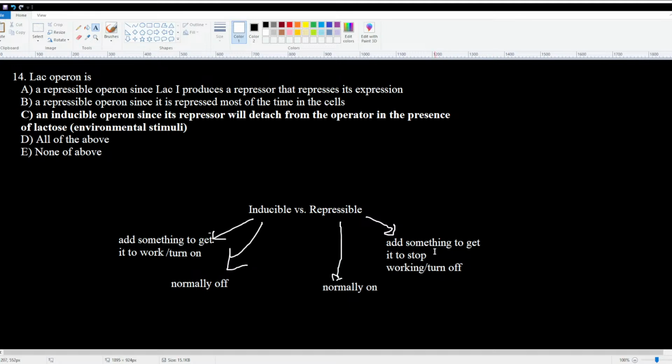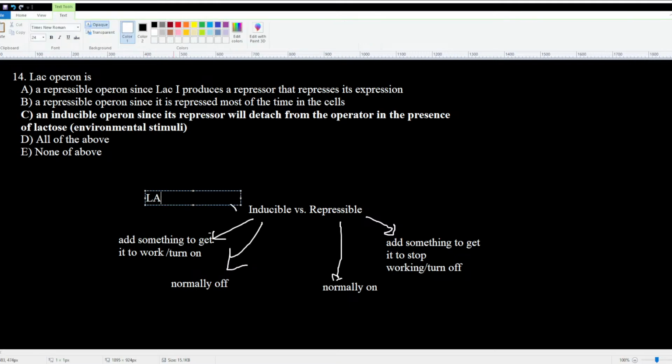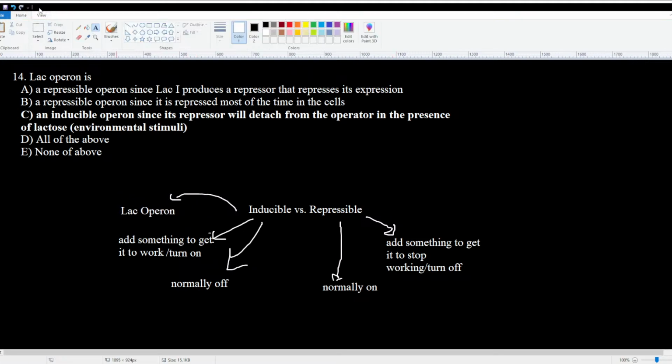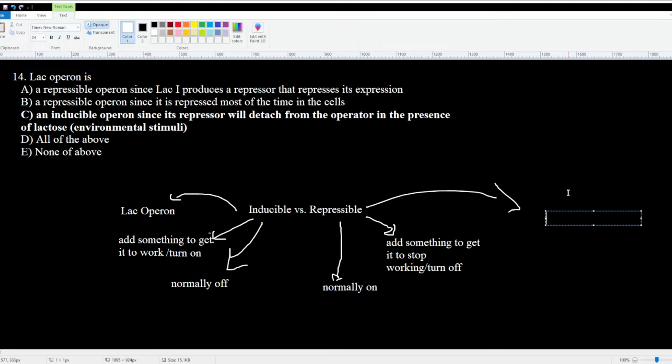So that's a lot of words, right? Or I guess we could add one more thing. This is going to be the lac operon, and this one is going to be the trp operon.